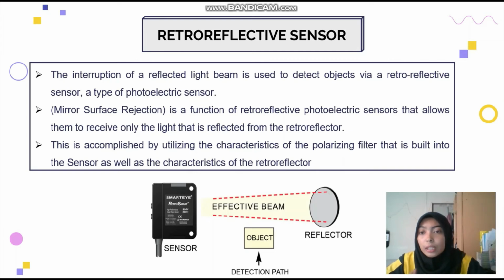In this picture, mirror surface rejection is a function of a retroreflective photoelectric sensor that allows it to receive only the light that is reflected from the retroreflector. This is accomplished by utilizing the characteristic of the polarizing filter built into the sensor as well as the characteristic of the reflector.